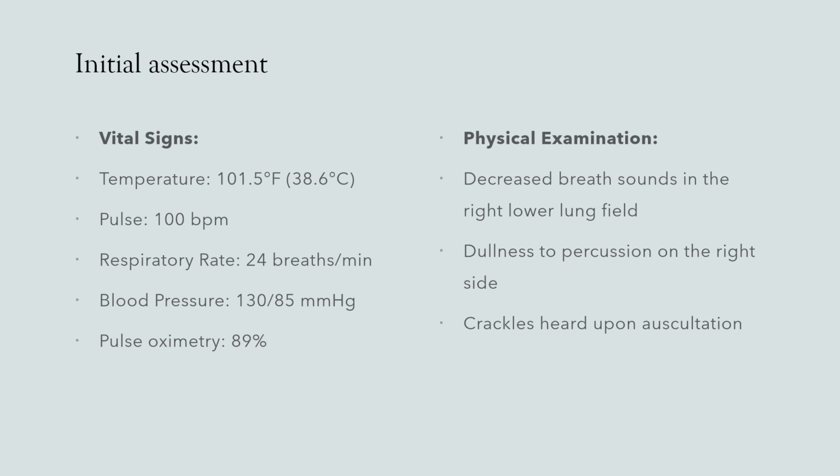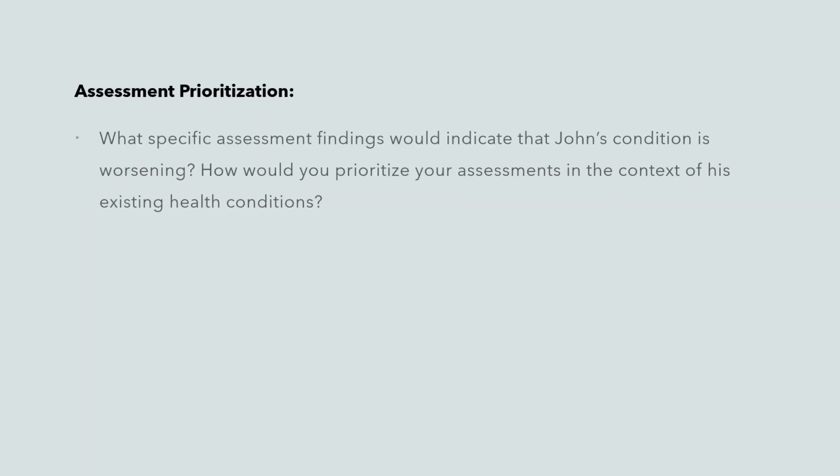So suspicion with the fever, you're always thinking about something infectious. And then your exam and your vital signs kind of back up that suspicion. So think about some assessment findings that would indicate to you that his condition is worsening.